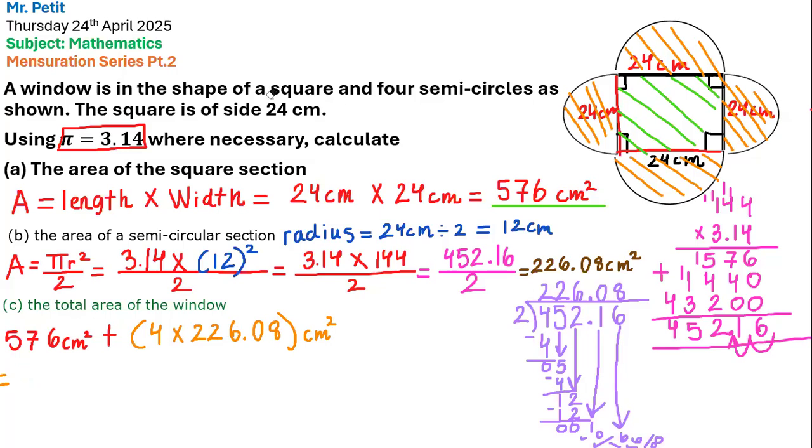It's going to be 576 centimeters squared plus 4 times 226.08. What is 4 times 226.08?